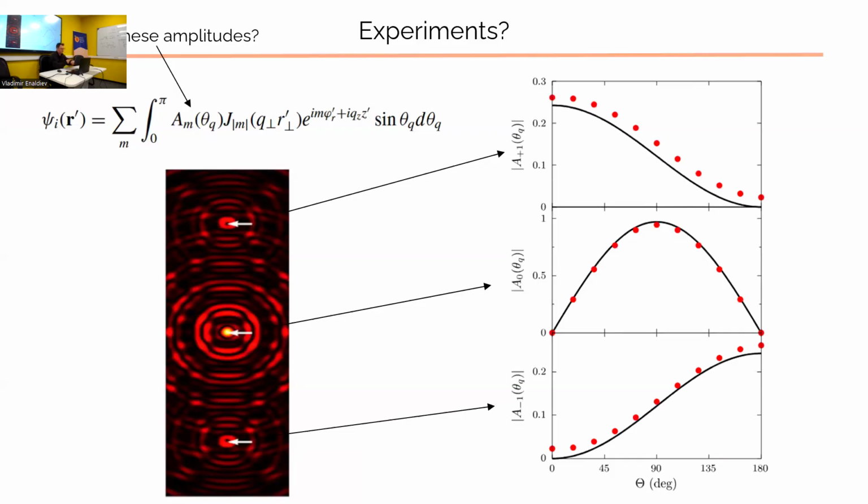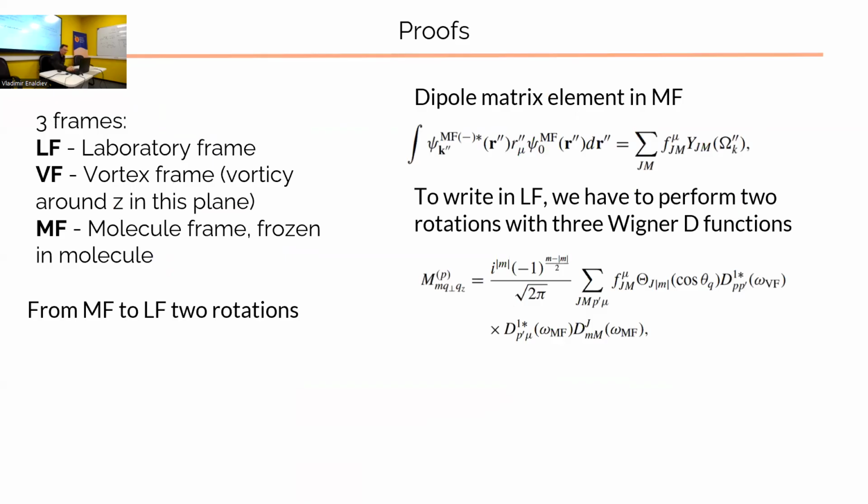Okay, we have a few minutes, and I would like to say a few words about how mathematically we obtained the main formula. So we have actually 3 coordinate systems, three frames: the laboratory frame, the vortex frame, with the vorticity around the z-axis, and the molecular frame.